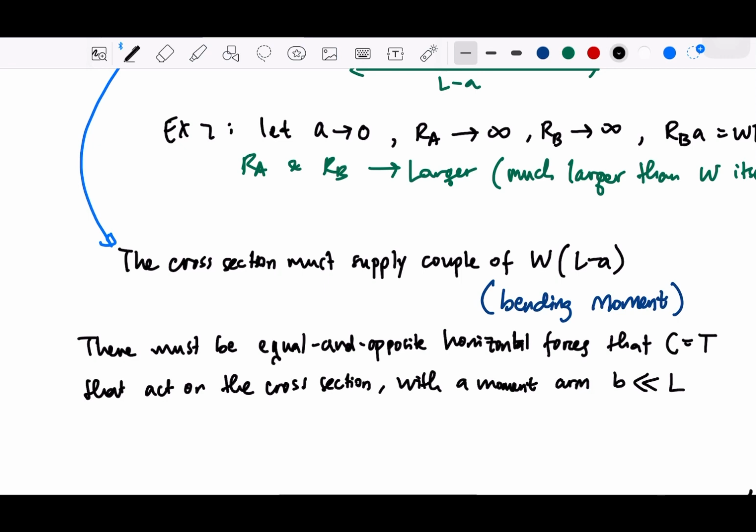You could imagine the distance between the hands, maybe the diameter of this tubular, and then we get that C or T is equal to this value.